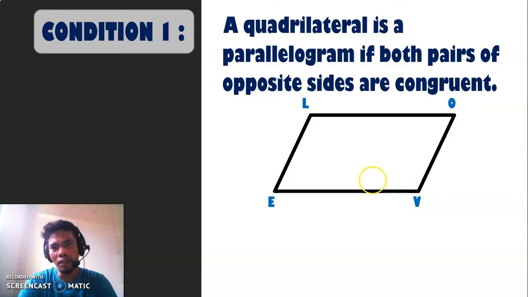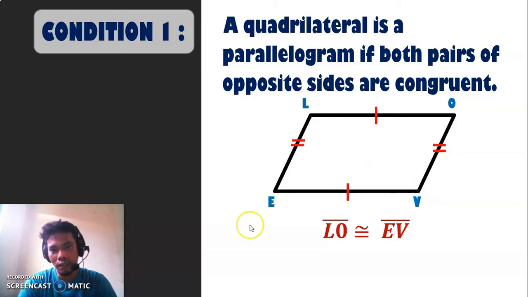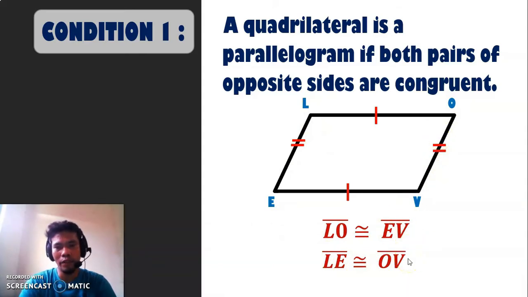In this case, we have side LO, which is congruent to side EV. In notation, we have side LO is congruent to side EV. And we also have side OV congruent to side LE. Again, in notation, side LE is congruent to side OV.